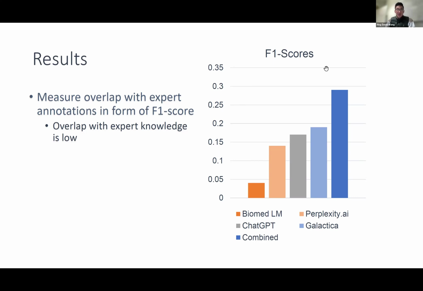So F1 score, in this case, you can just imagine as an accuracy score. An F1 score of 1 would mean 100% overlap between predictions, and 50% would mean about 50% overlap between LLM annotations and human annotations.